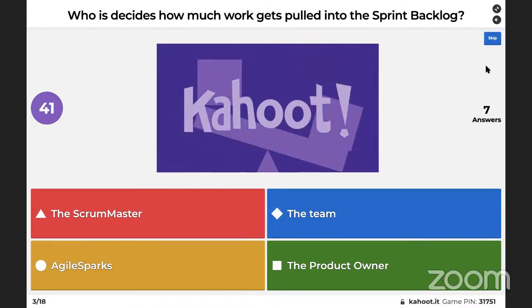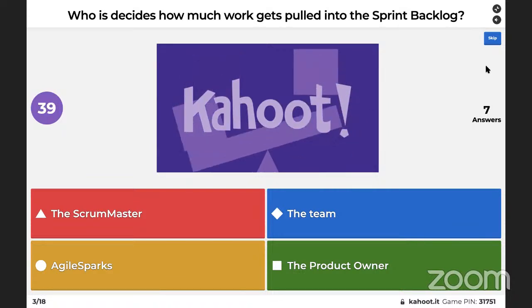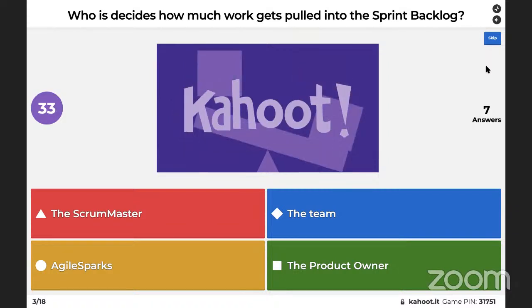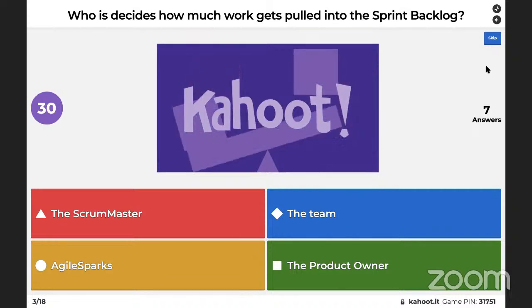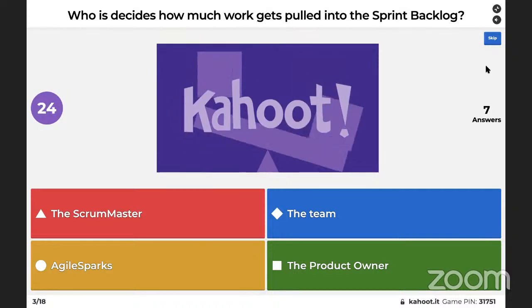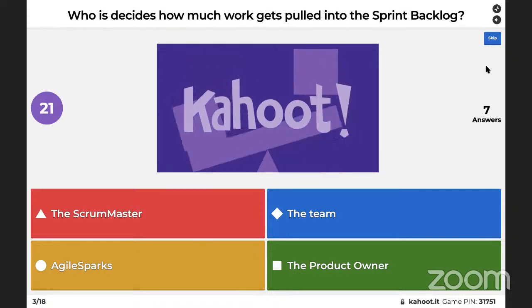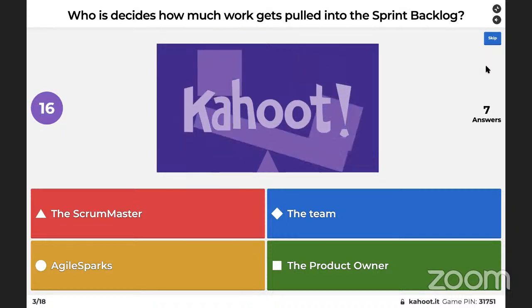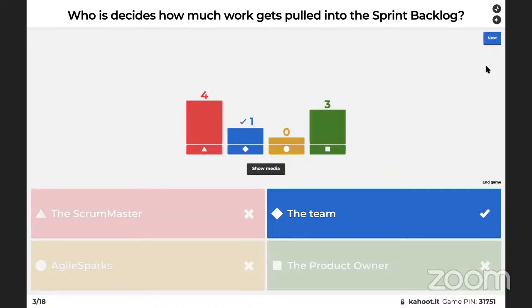This terminology is very important: sprint backlog, product backlog, and the term backlog itself. It's important to understand these to understand Agile. So who decides how much work gets pulled into the sprint backlog? It is not the product backlog, it is the sprint backlog. Right, it's the team, not the product owner, because the sprint work is done by the team.